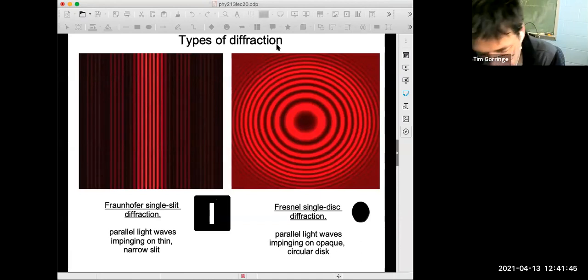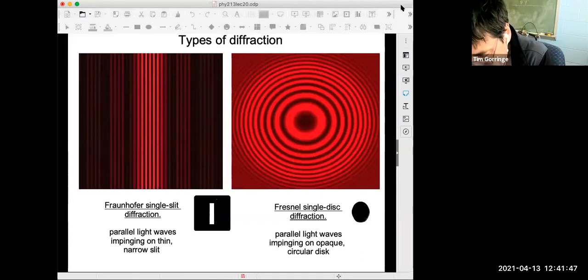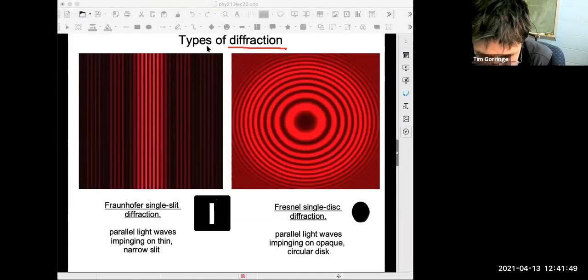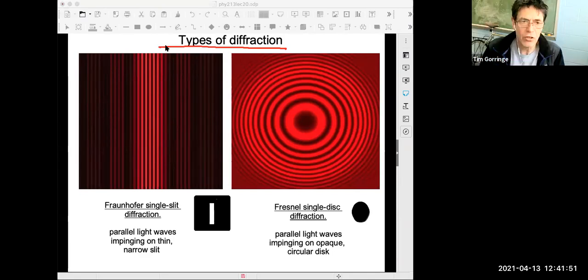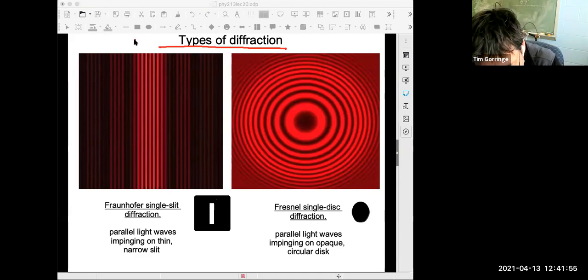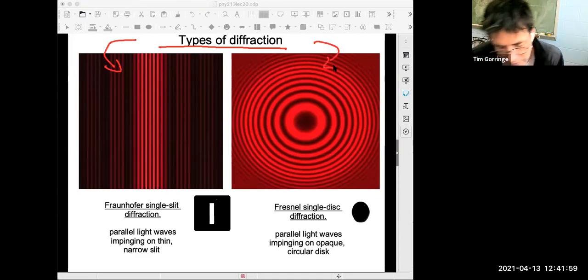Okay, in those three pictures, you actually saw two types of diffraction. One over here on the left, one over here on the right. In one case, we had the diffraction of waves passing through a thin slit. Here you could imagine this as the thin slit.